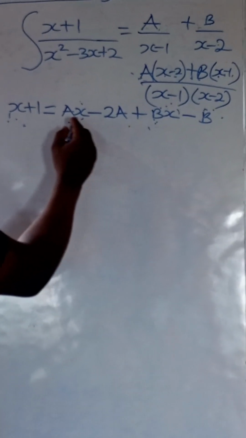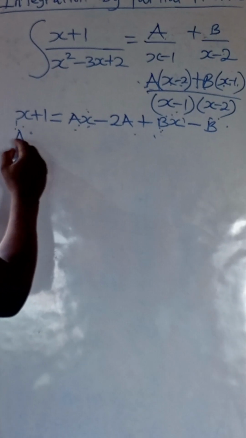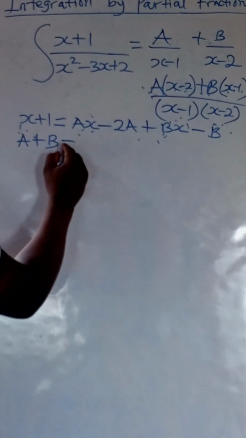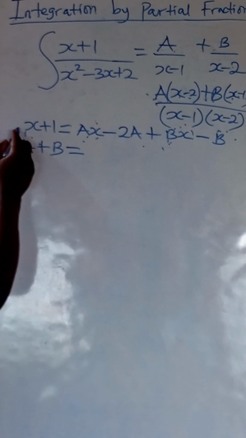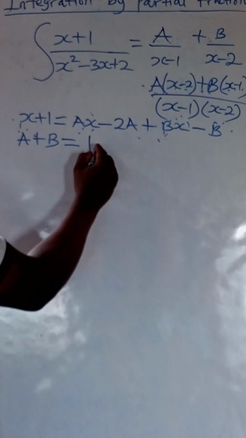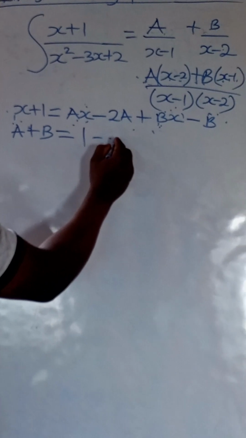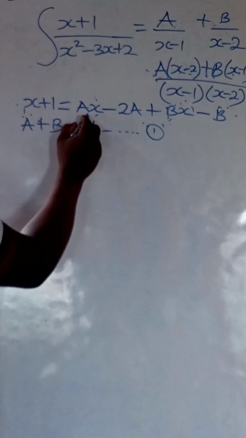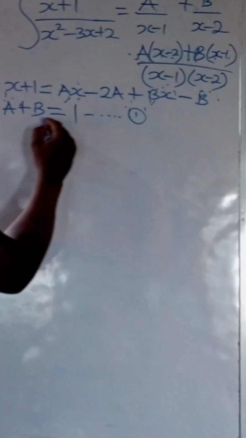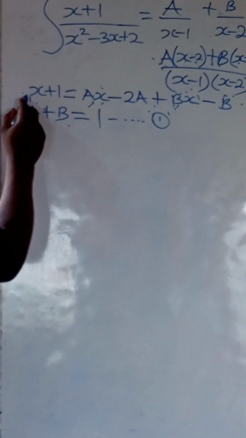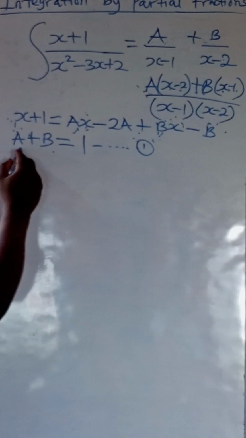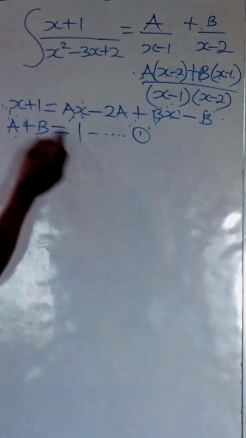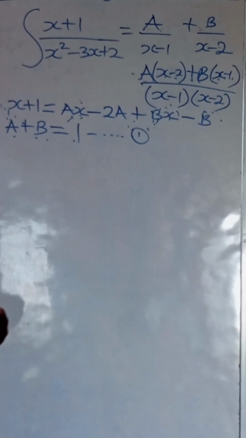That is to say, this is A plus B equals to 1, which is the coefficient of x here. I call this one equation 1. The coefficient of x here is A, here is B, while here it is 1.